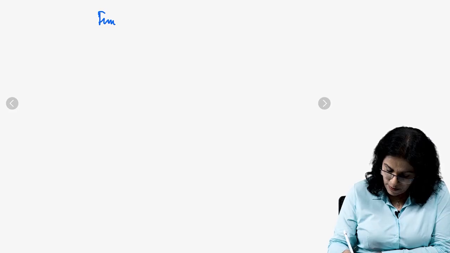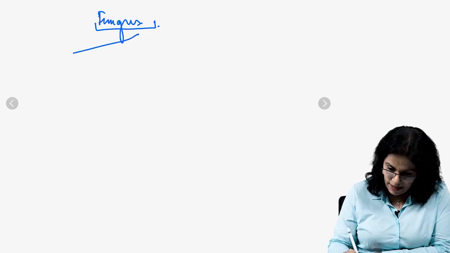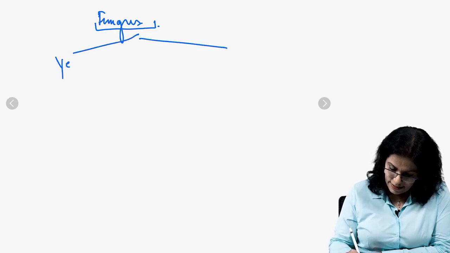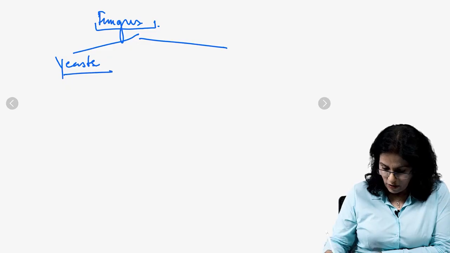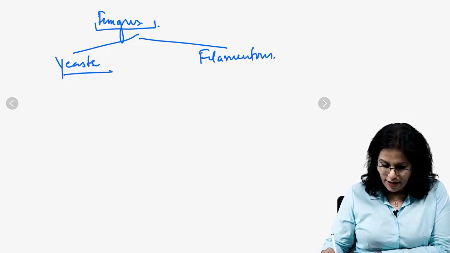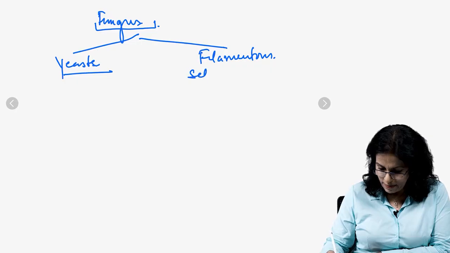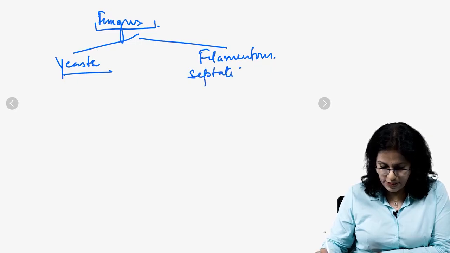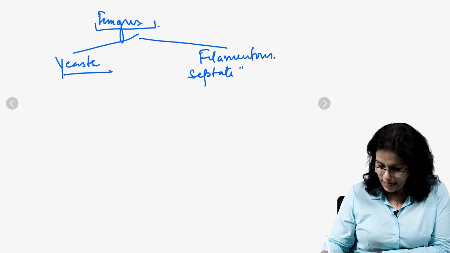Once we know this, we can very quickly revise the types of fungus. Broadly, it can be either a yeast or filamentous. Here is a very quick revision. I am talking about the corneal infections. These are filamentous, septate and non-pigmented.